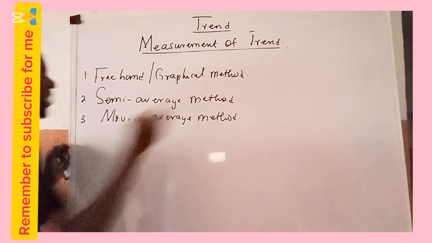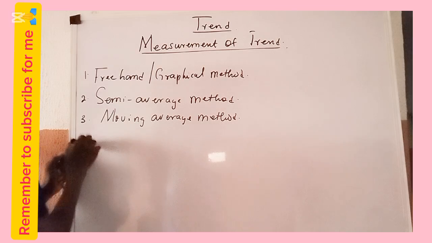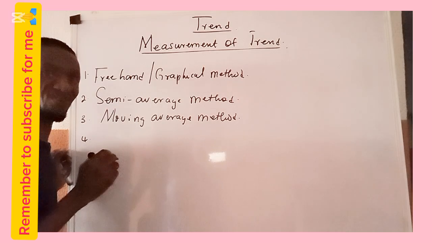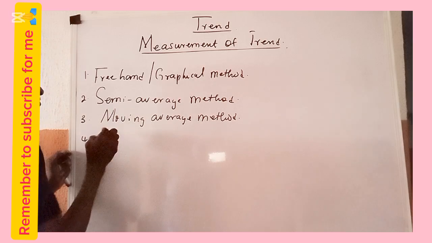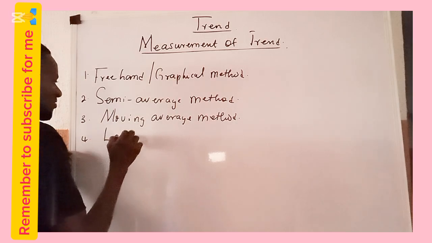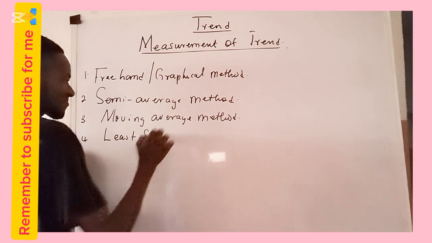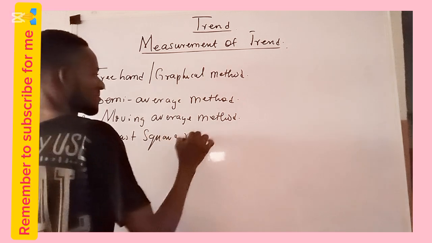And then the fourth one is what we call the least square method, or method of least squares, whichever way you put it.